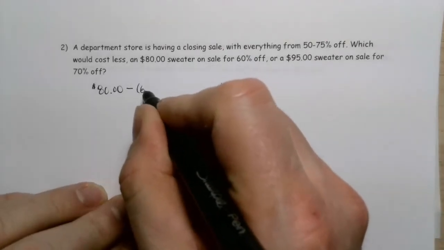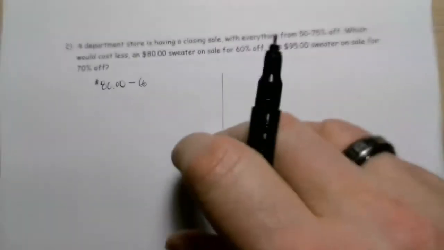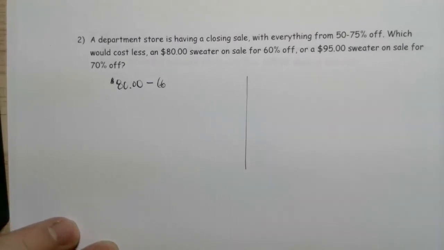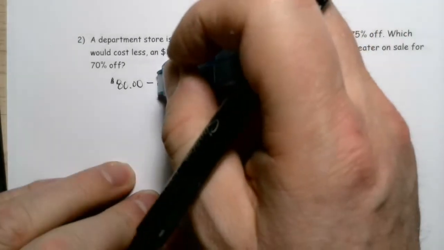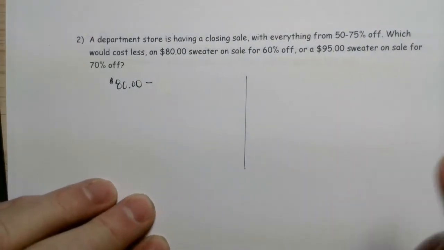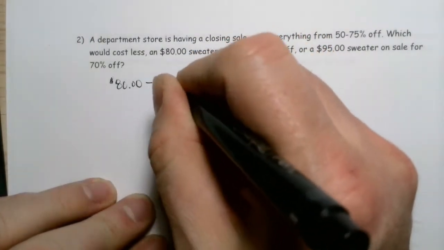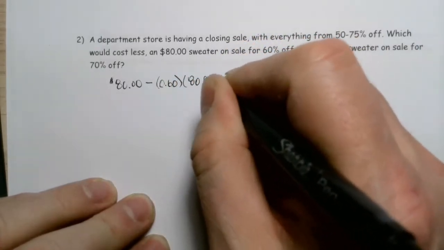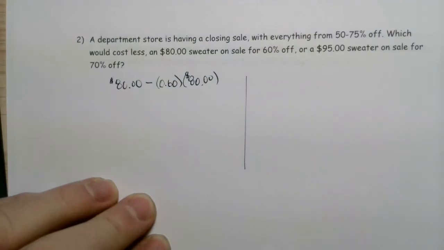We're going to subtract, and 60% is going to be, actually, no, I'm going to write, whoops. Sorry about that, that got a little out of control. I just wanted to reach out and grab my little eraser. So it's going to be 0.60 multiplied by our $80, and that's just calculator work.